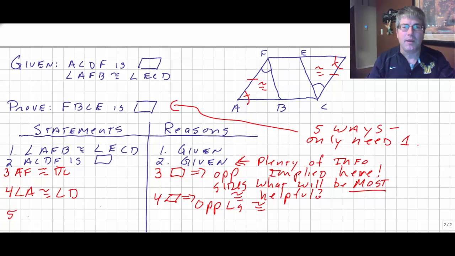And that gives me, I'm going to watch my correspondence here, triangle FAB congruent to triangle CDE by angle, side, angle, and that would be steps 1, 3, and 4.